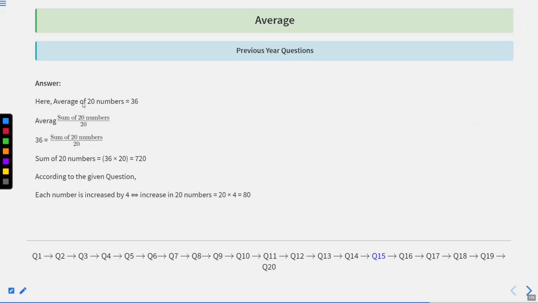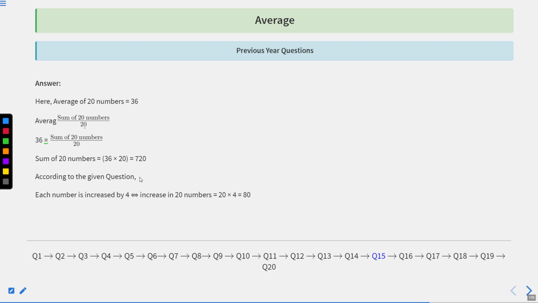The average is the sum of 20 numbers upon 20. So 36 equals the sum of 20 numbers upon 20. The sum of 20 numbers is equal to 36 into 20, which is 720.